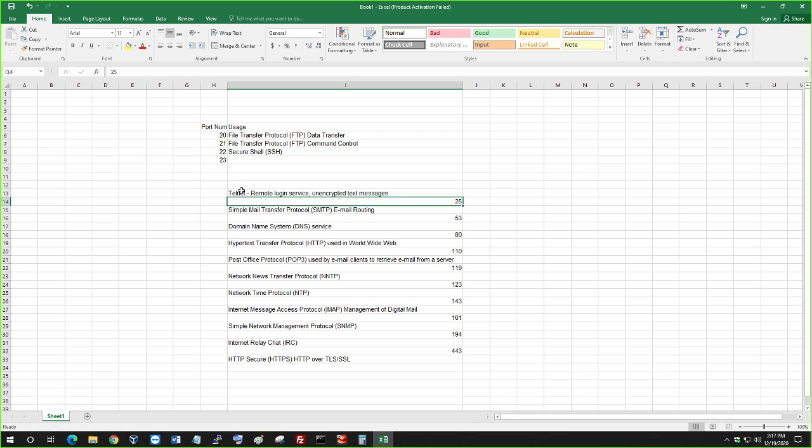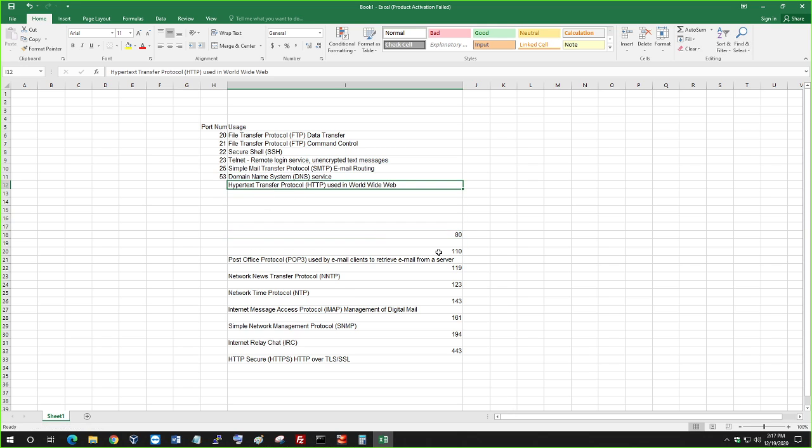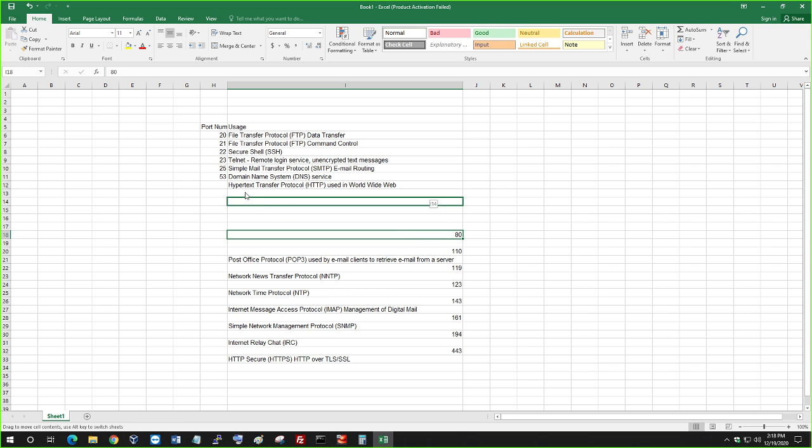And this is telnet. And SMTP is the mail. And DNS uses port 53. These are pretty commonly used, so I'm going to put them together here.